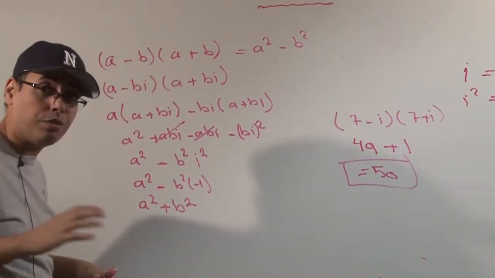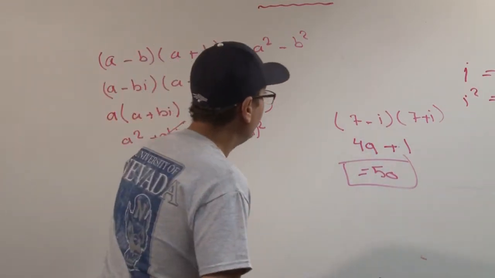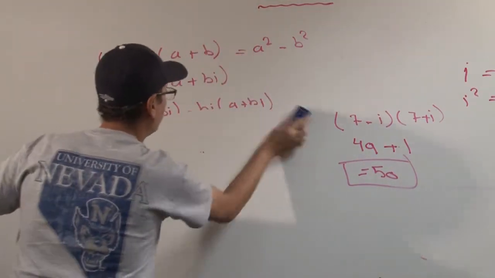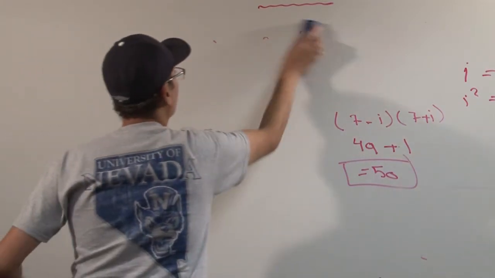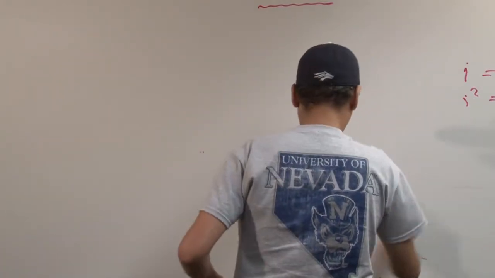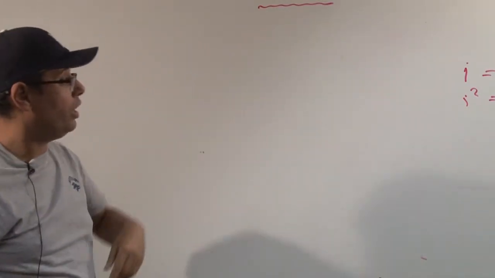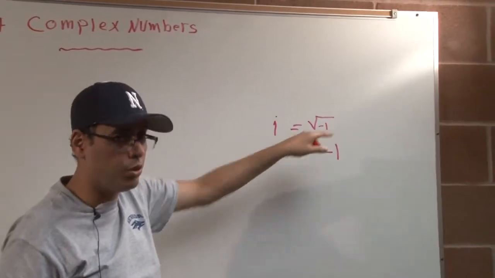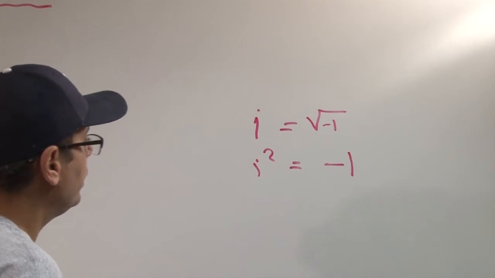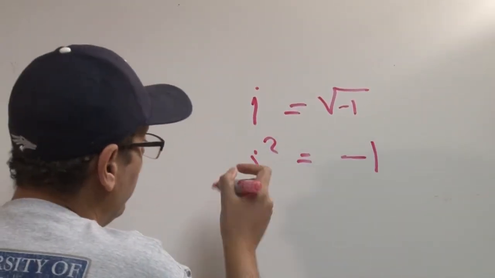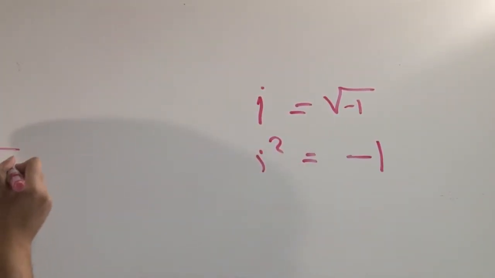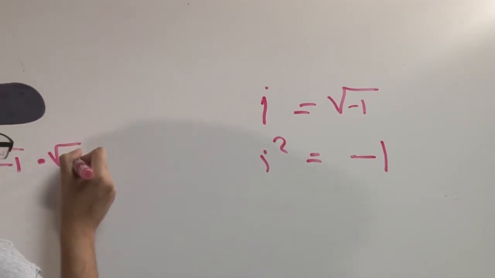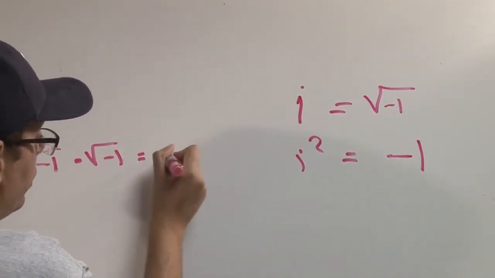Okay, last thing for the lesson of today is to go through the powers of i. What if I have i equals the square root of negative 1. i squared is the square root of negative 1 times the square root of negative 1, which equals -1.